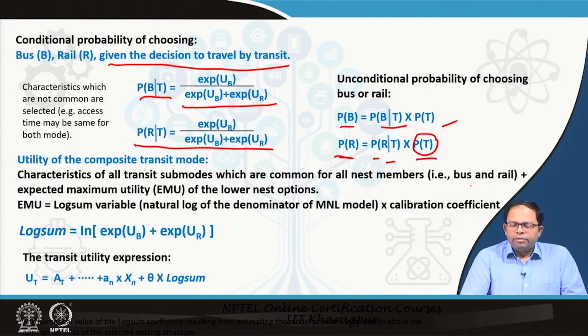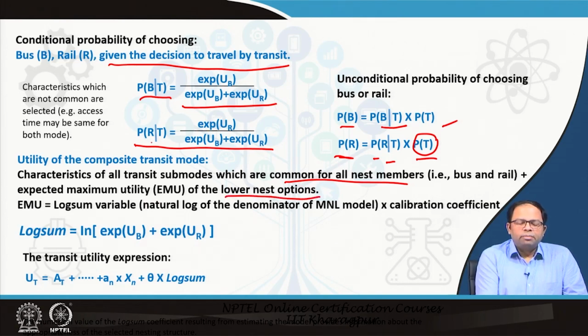So, here we take the attributes of all transit submodes which are common for all nest members. These are the common attributes that we are considering, plus we need to also include the uncommon attributes. So, we take the maximum expected utility of the lower nest options, which are basically the uncommon transit attributes and, of course, their utility.